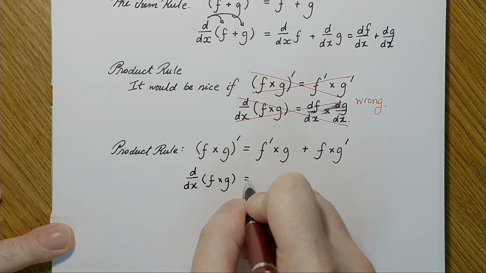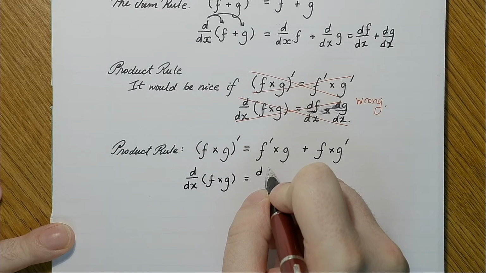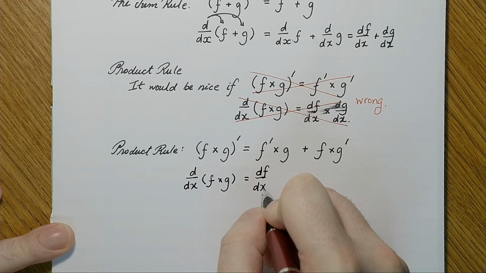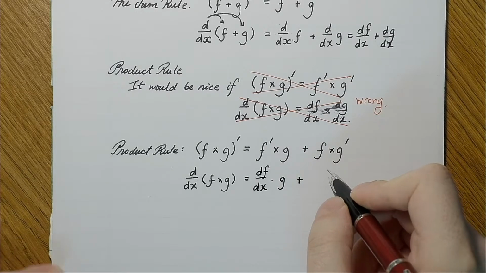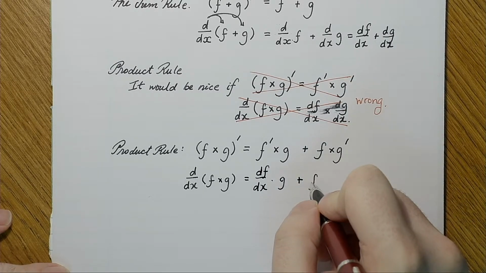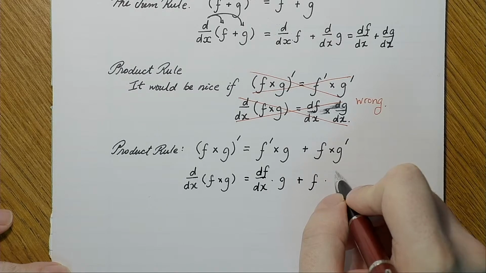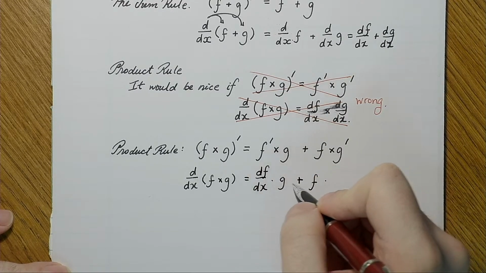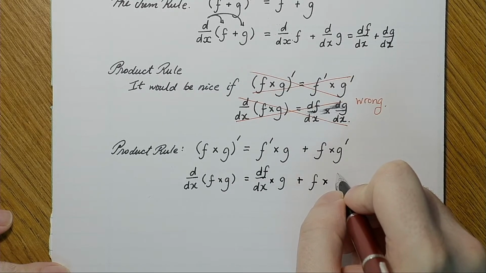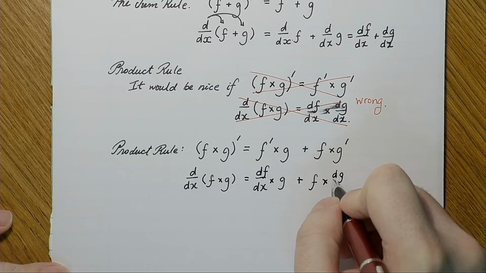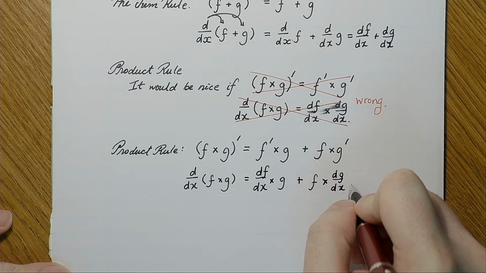Writing it again in Leibniz notation, you have df by dx times g plus f times dg by dx.